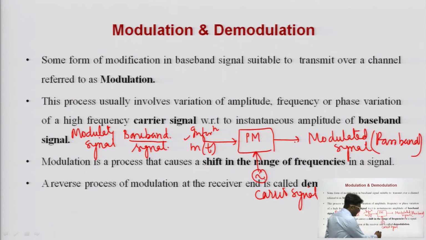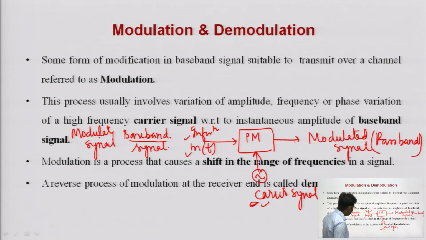The carrier signal is basically a periodic signal, while the information m(t) is not a periodic signal; it is a kind of random signal or random information. You cannot predict the next value of this information with respect to time.